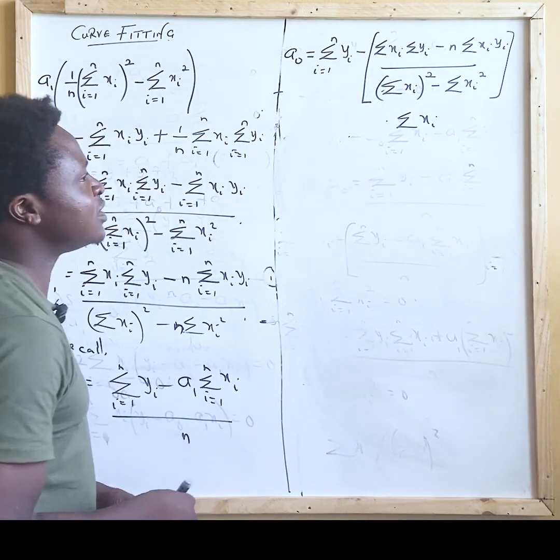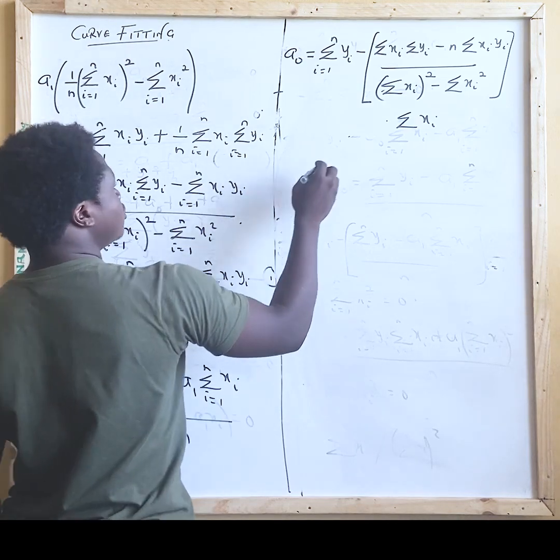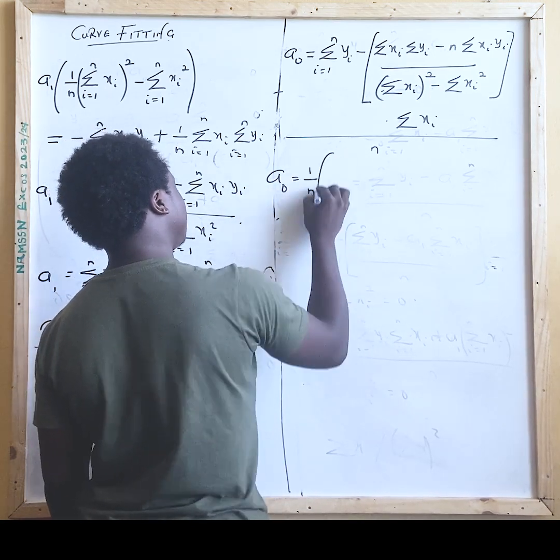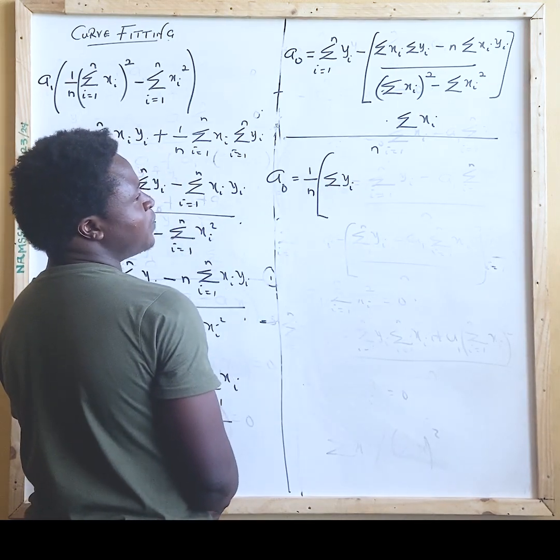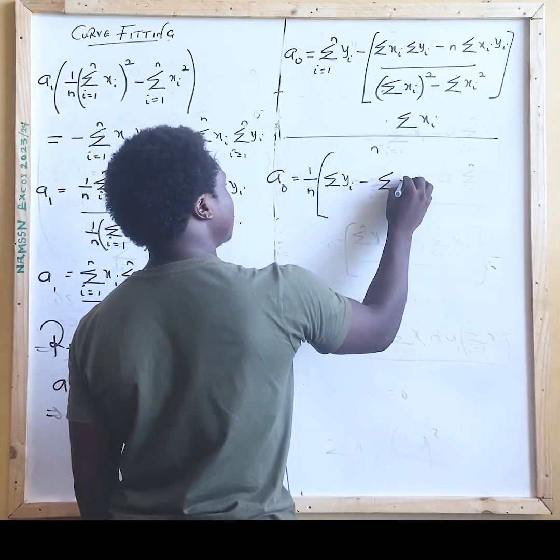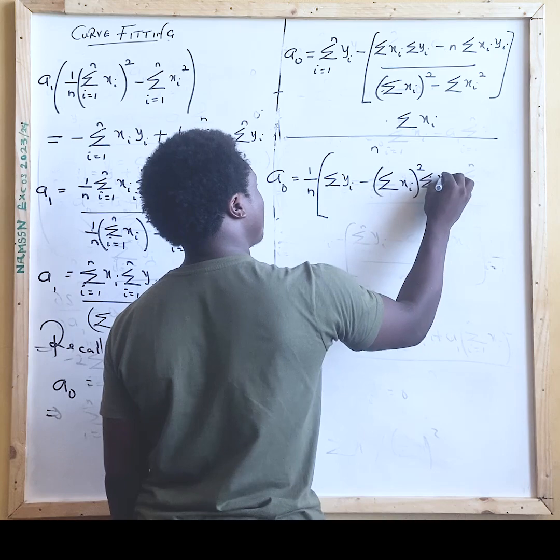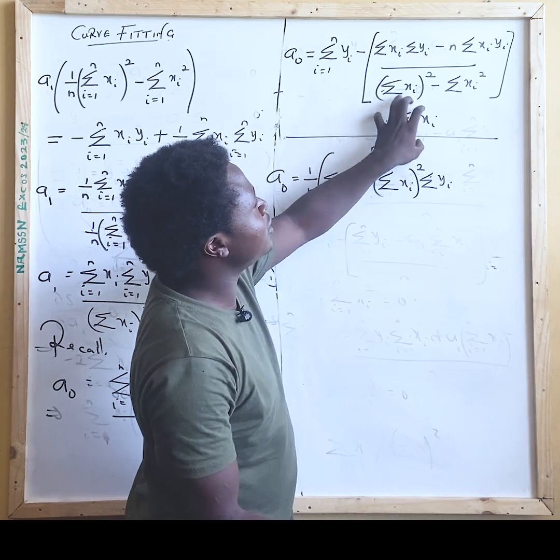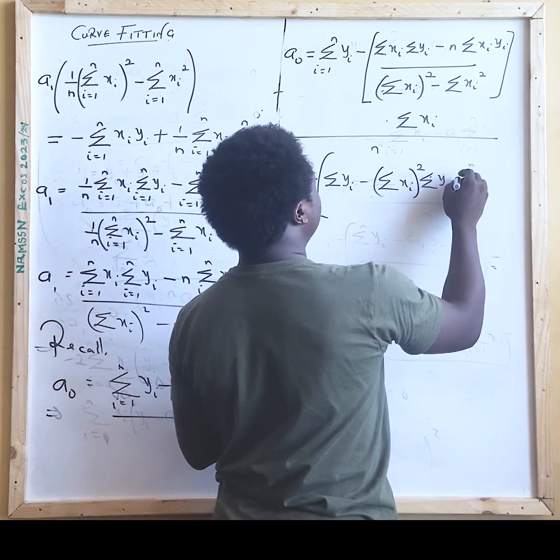So let's expand and see what this will become. Everything should be over n. So I have our a naught equal to 1 over n into summation yi. Now multiplying this one here should give us minus summation xi squared times summation yi. I'm saying summation xi times summation xi, that's giving me summation xi squared for this one only, then summation yi. And then the other one there, I'll be having that one to be a plus.